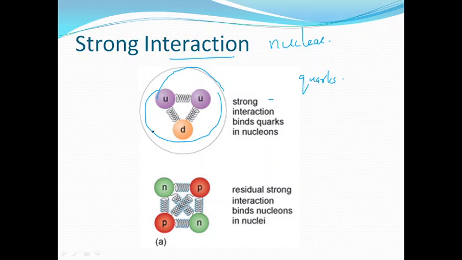These quarks are held together within the nucleon due to this strong interaction. So we can say that the strong interaction binds quarks inside the nucleon, and the residual strong interaction binds nucleons in the nuclei. This binding together of fundamental particles, protons and neutrons is mediated through the strong interaction.